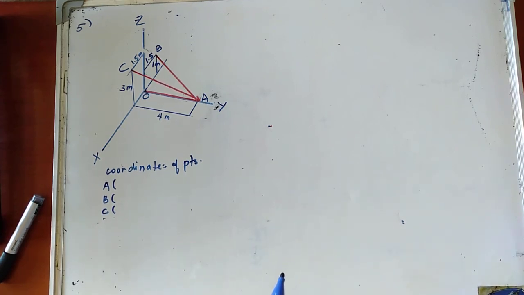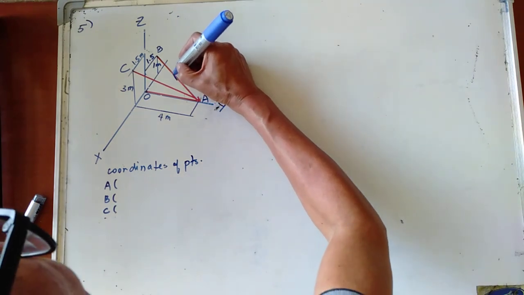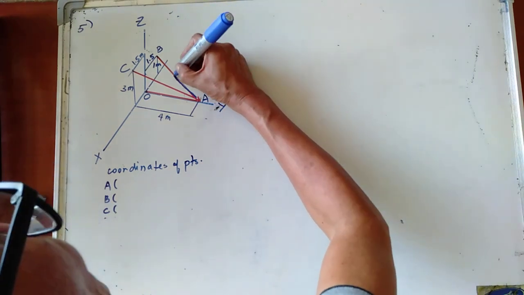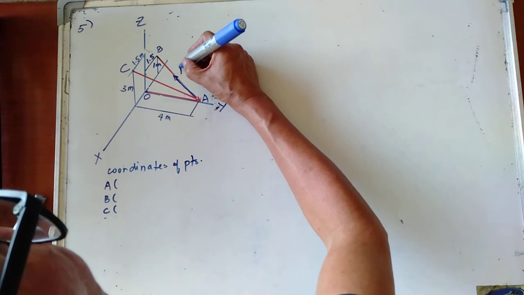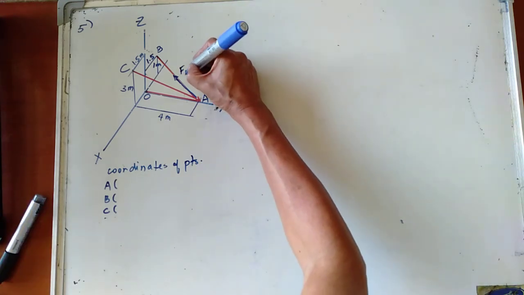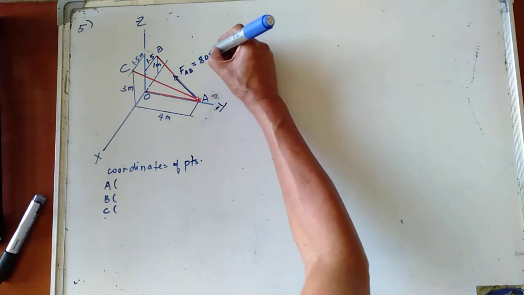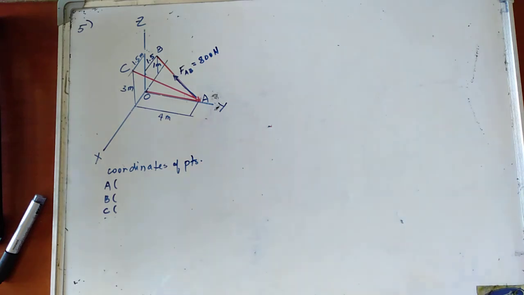We now have sample problem number 5. The force FAB, 800 newtons, acts along cable AB. So this is therefore the magnitude of the vector F along AB, and this is equal to 800 newtons.